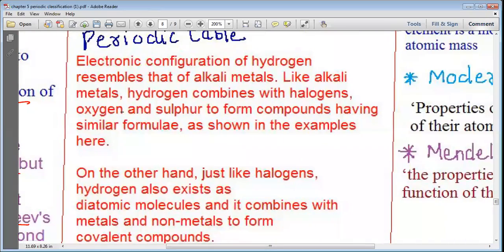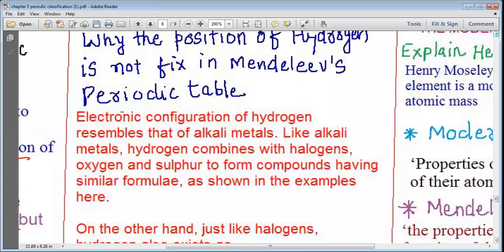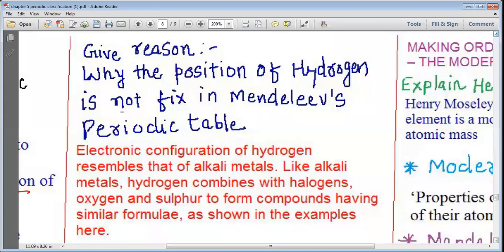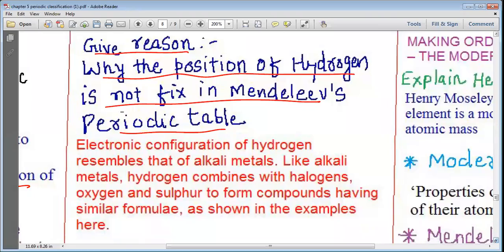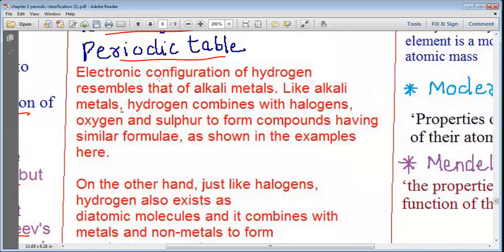Now, my dear students, we want to study why the position of hydrogen was not fixed in Mendeleev's periodic table. Let us see why. The electronic configuration of hydrogen resembles that of the alkali metals.